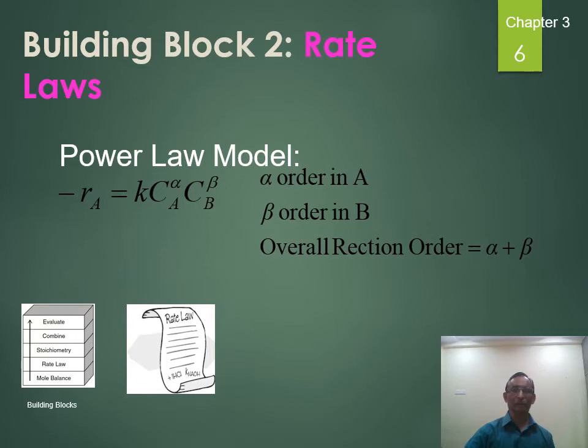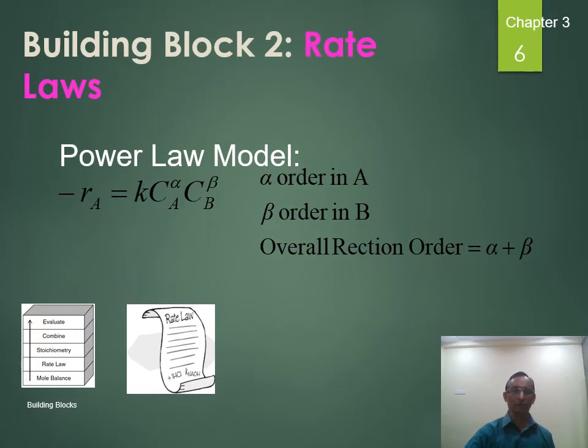The exponent of the concentration defines the order of the reaction. With respect to A, the order is alpha. With respect to B, the order is beta. The overall order is alpha plus beta.